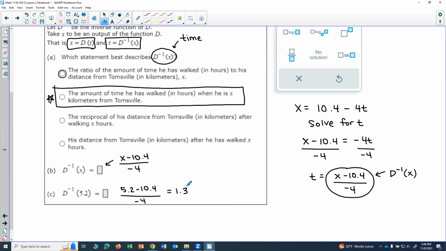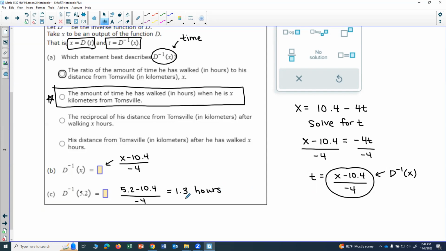And you want to think about your units. D inverse is time. We already figured that out. D inverse of x is representing time, and so this is going to be hours, 1.3 hours.